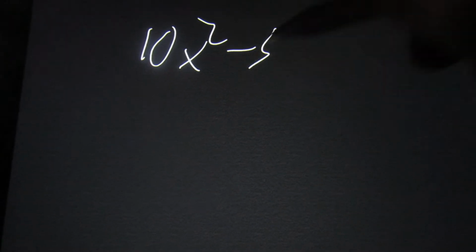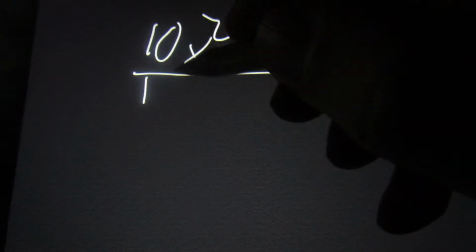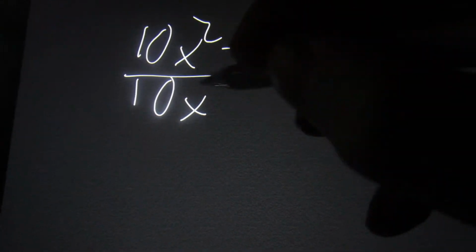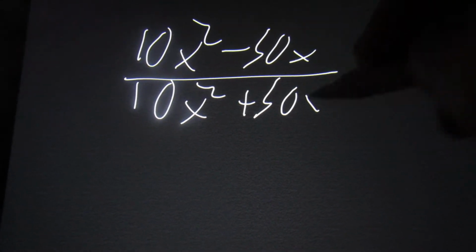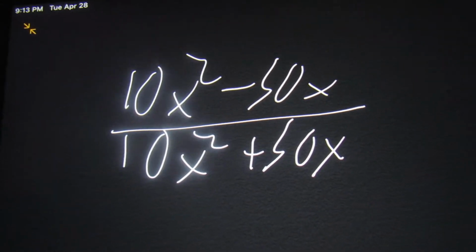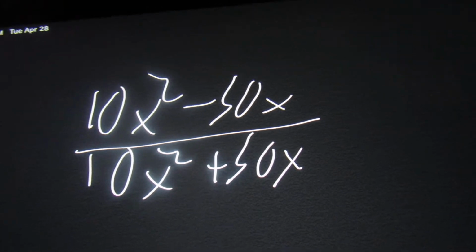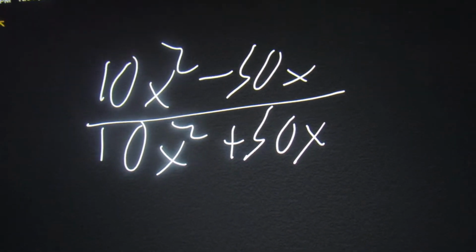Another one, you might have 10x squared minus 50x over 10x squared plus 50x. You're also going to get some where it says just to put in a number for x and solve. So we've done some like that.